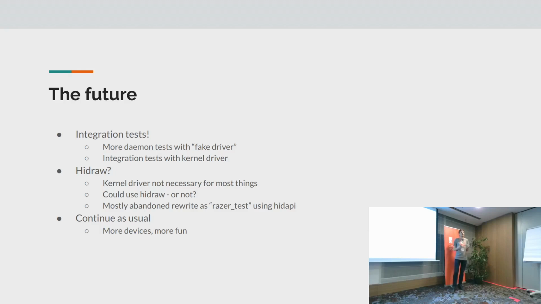This way we can hopefully add some integration tests so we can more easily refactor the driver and make it a bit nicer, while ensuring that we're still sending the same data to the device in the end. But in general, the plan is to continue as we have so far.